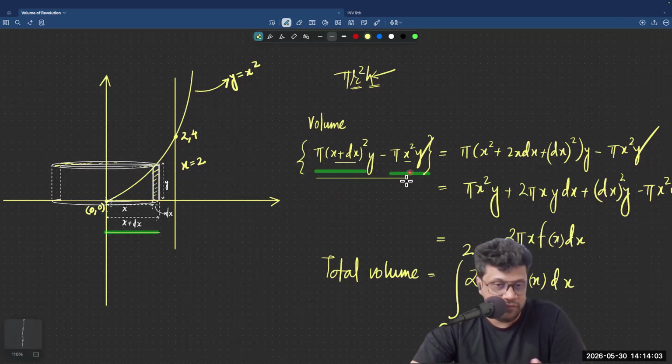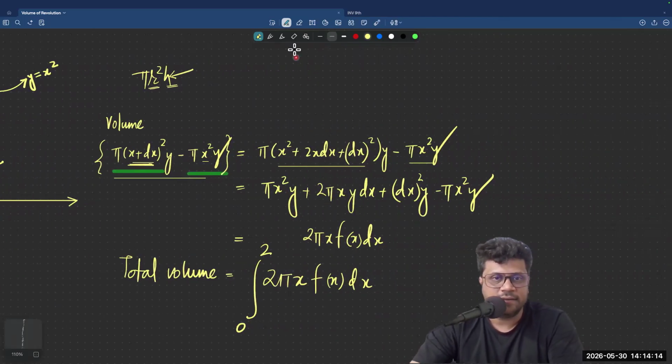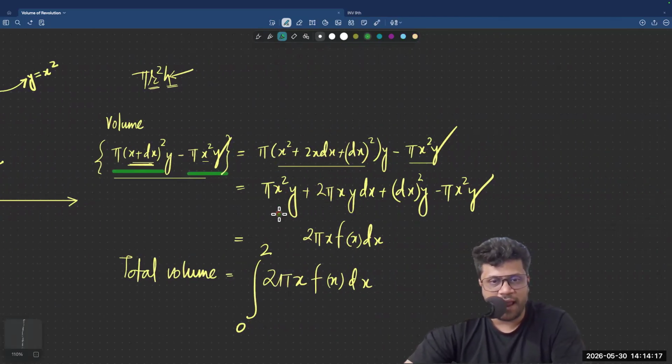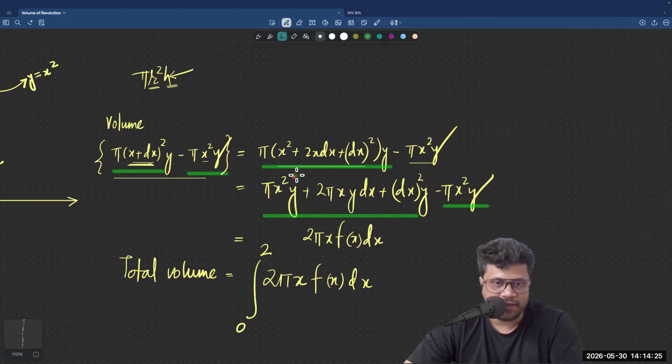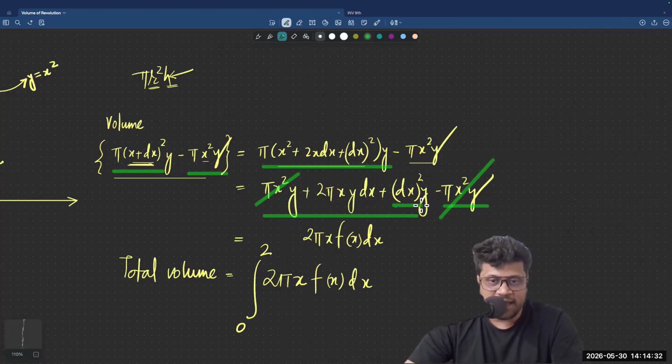That is why the volume generated by that thin strip is this. If you expand the bracket, you end up with these terms and the pi x square y as it is. And the point is, pi x square y here and pi x square y there cancel out. This here is a quantity which is very small.